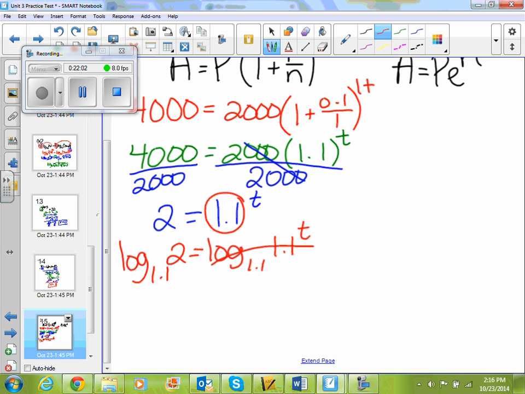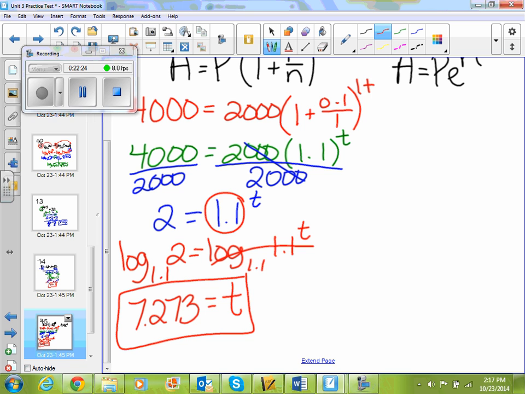So my log and base cancel. I get t equals, what is log base 1.1 of 2 actually equal to? 7.273. Okay, so it's going to take a little over 7 years for it to double when it's compounded annually.